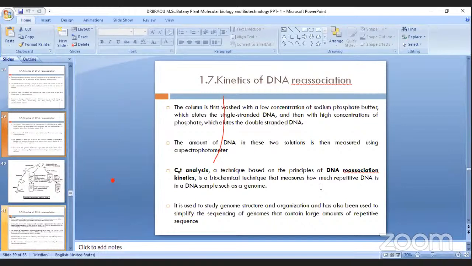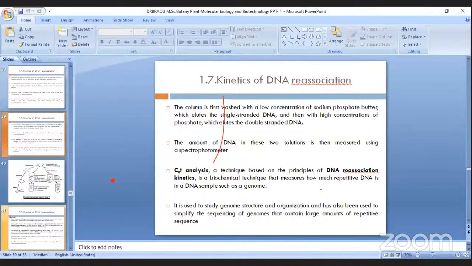COT analysis. This is a biochemical technique based on the principles of DNA reassociation kinetics, which helps us measure how much repetitive DNA is in a DNA sample. So in a genome sample that you have taken, you can measure how much repetitive DNA is present.